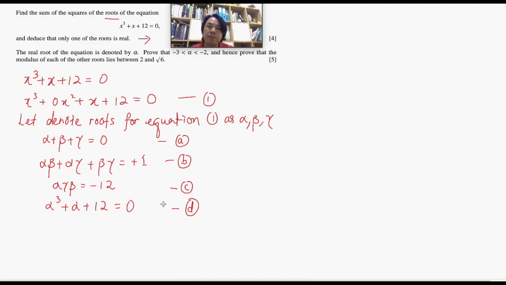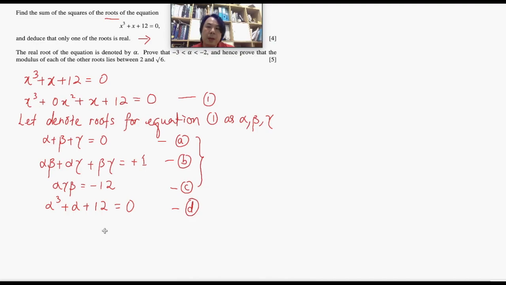Now let's look at how to make use of them. From my perspective, I only need one or two of these properties to deduce that one of the roots is real. There's only one root which is real, which means the rest must be complex roots.